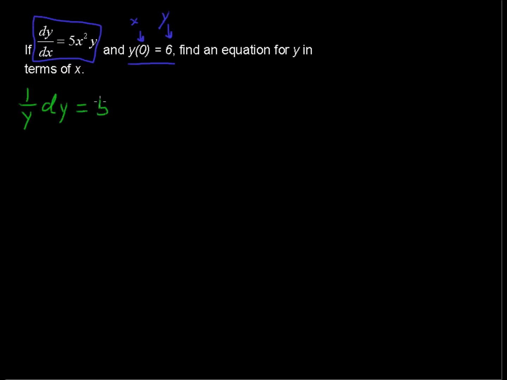So multiplying each side by dx leaves us with 5x squared dx. So again, I've divided each side by y and multiplied by dx. In other words, I did what was necessary to get the y on the left-hand side and the dx on the right-hand side. Now what we're going to do is take the integral of each side.